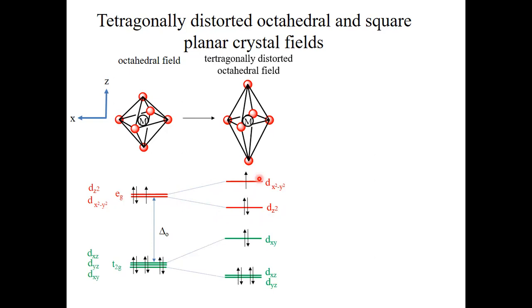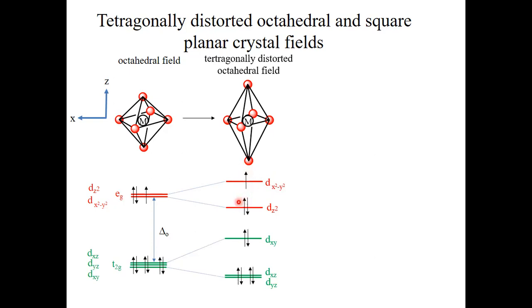Now this also helps us to predict for which other electron configurations an octahedral complex may distort. For instance, if we removed another electron, we would remove the electron in the dx square minus y square orbital, and then we would not need to destabilize any electron.